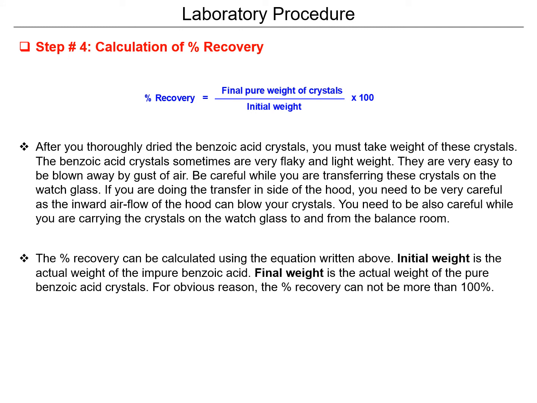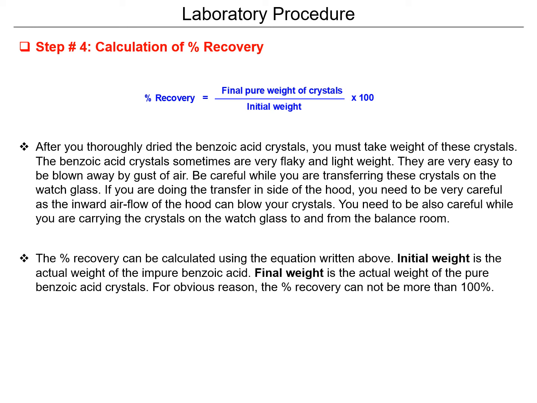Finally, you can dry out your crystals. In fact, here you have to be careful in obtaining the pure benzoic acid crystals, because the crystals are so light and they can float and they can give you the wrong weight when you calculate the percent recovery.